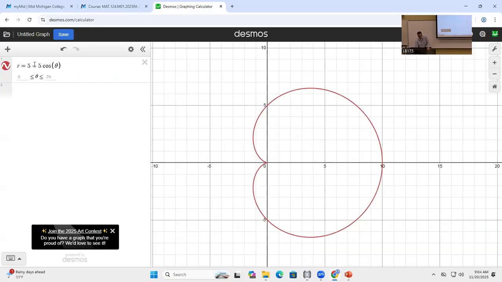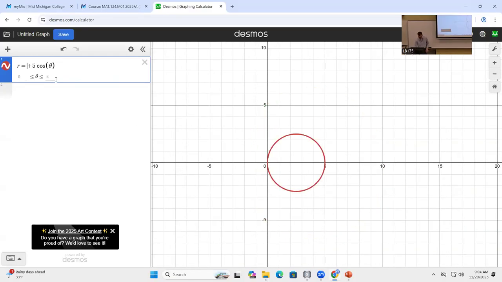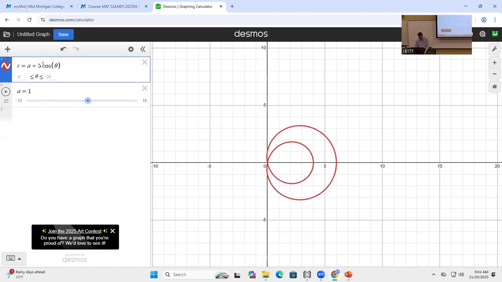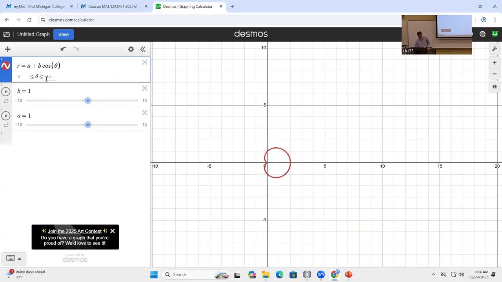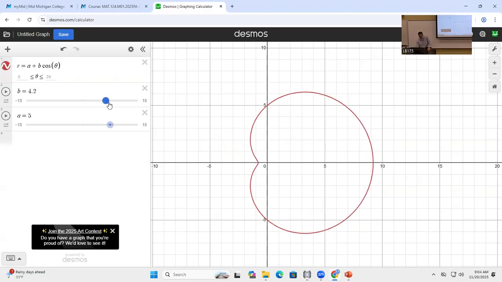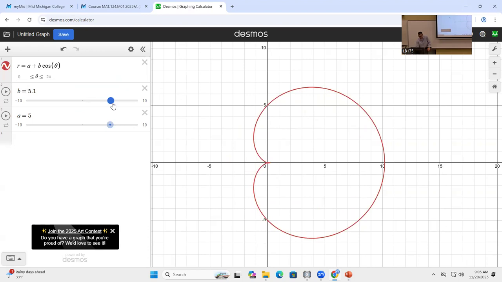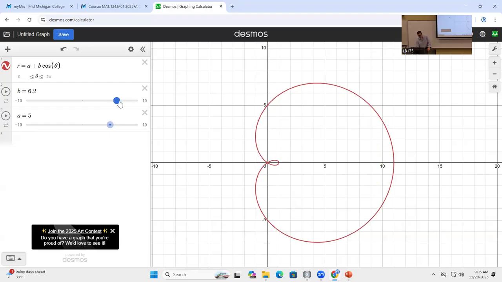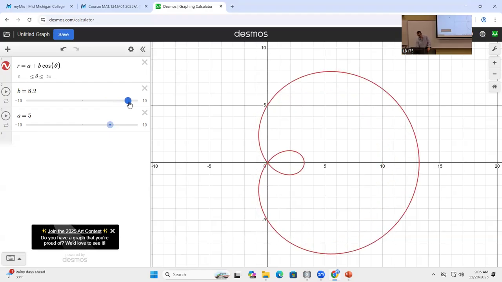And again, I can say A and B, they're both, let's say, 5. We should get our cardioid. And then if I start increasing B, I get an inner loop.